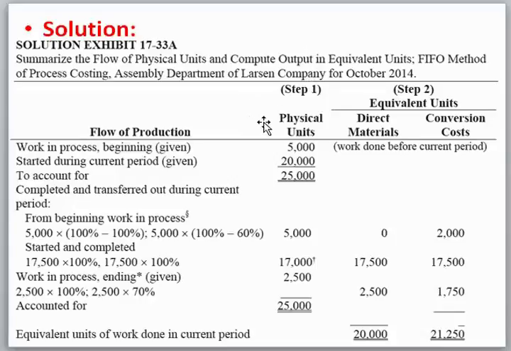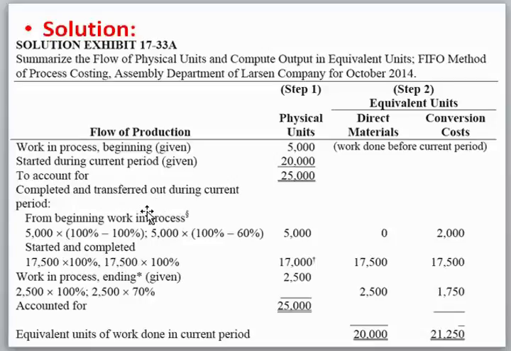Step number 1 is the physical units. Flow of production: work in process beginning is given as 5,000 physical units, and the units started during the current period are also given, 20,000. So the production units to be accounted for are 25,000. Then the completed and transferred out during the current period, we separate beginning work in process from the other started and completed.